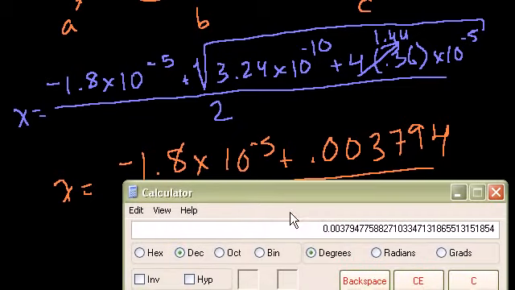So to that I'm going to subtract 1.8 e negative 5, and that is equal to that. So this is the whole numerator, and now I need to just divide it by 2.